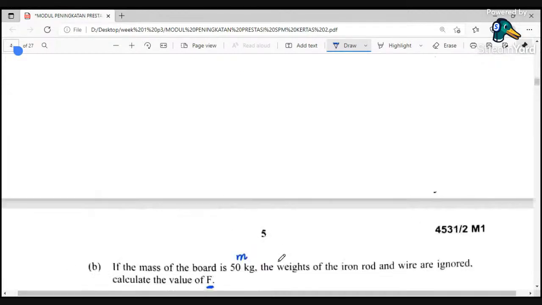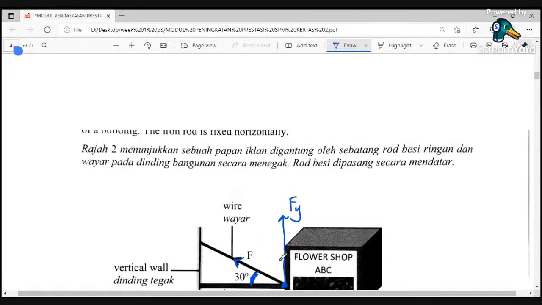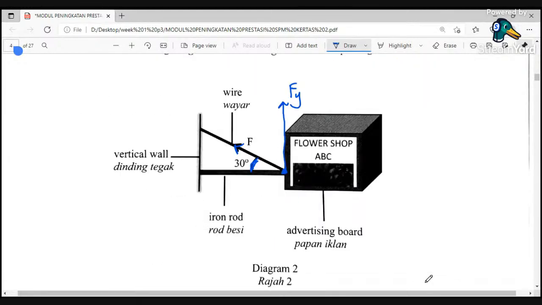Okay, we look at the vertical component. You can just mark all the forces that act. So there is a weight of the advertising board, 50 kilograms. So weight equals to mg. Means 50 times g.